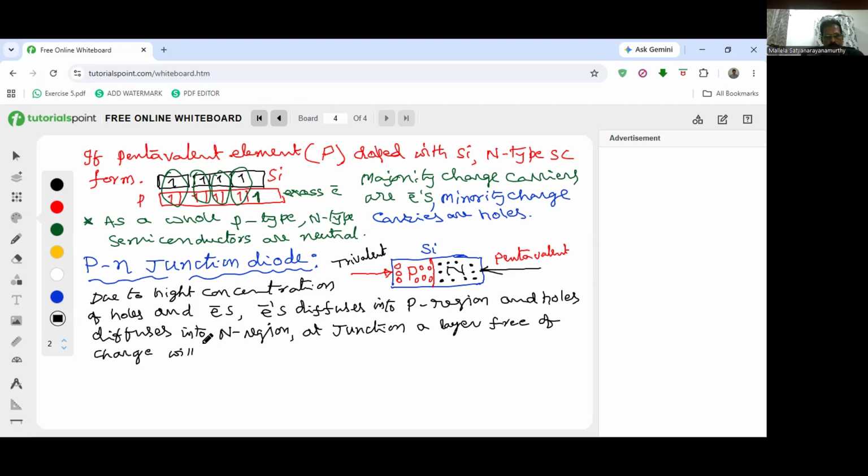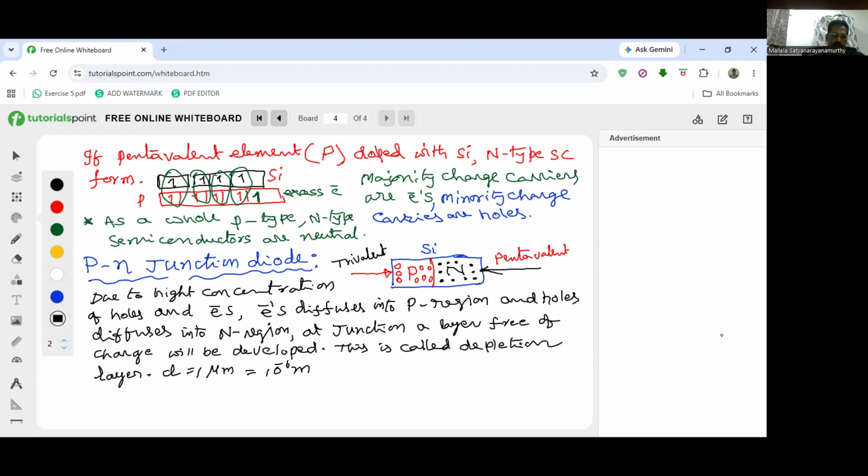This is called the depletion layer. Let it be D. Its value is 1 micrometer actually, so 10 power minus 6 meters nearly. A depletion layer.